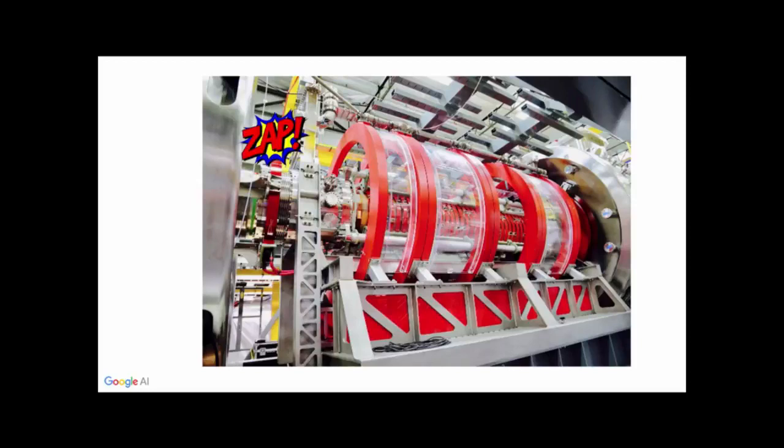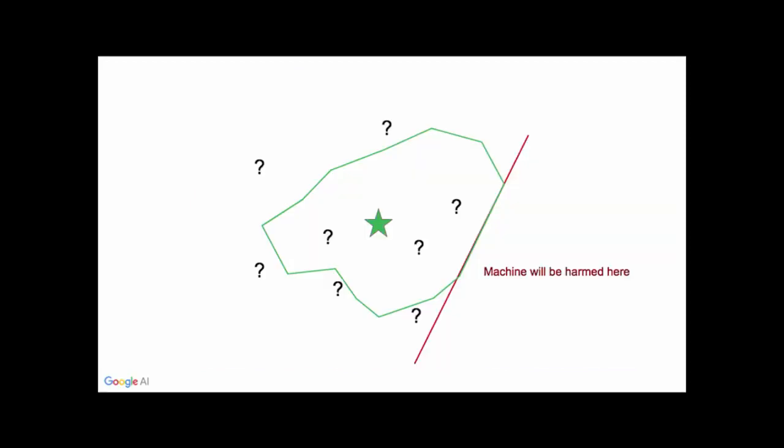I've seen this. And then the physicists look very worried, and they run out and they examine the machine, and they might have to spend hours or days or, in the very worst case, weeks repairing the damage you just did by doing a bad experiment. So we want to be very careful about setting parameters so that we don't break their machine. So really, this is not an optimization problem. This is an exploration problem.